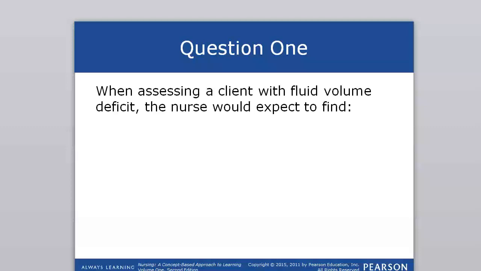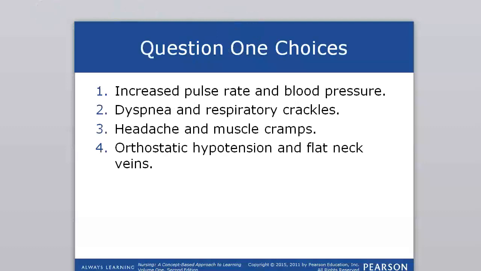So think about what is happening physiologically to this patient, and how you would be able to assess dehydration. Is it increased pulse rate and blood pressure, dyspnea and respiratory crackles, headache and muscle cramps, or orthostatic hypotension and flat neck veins? Think about it.